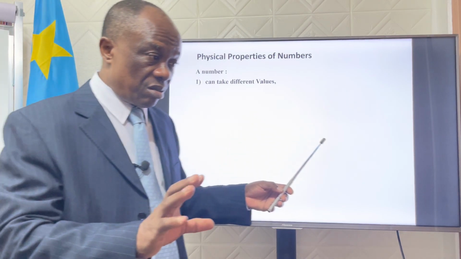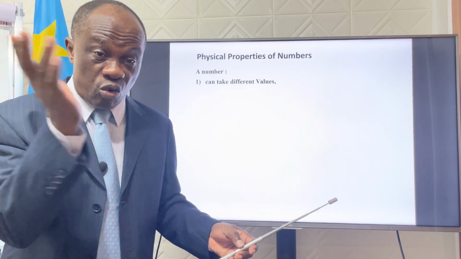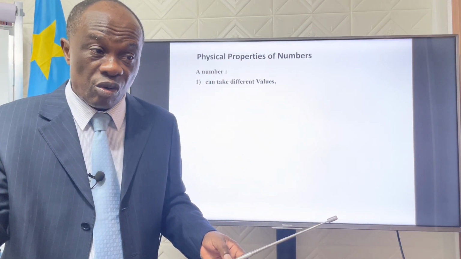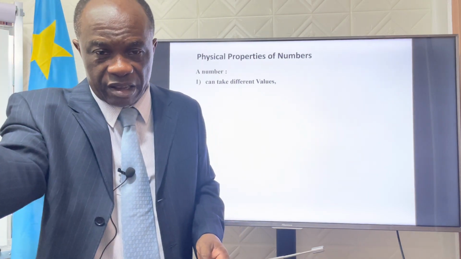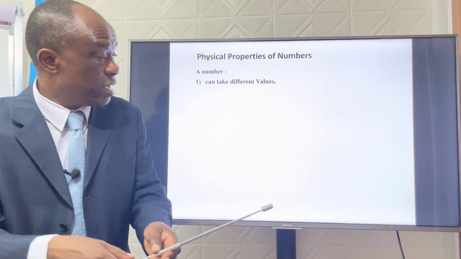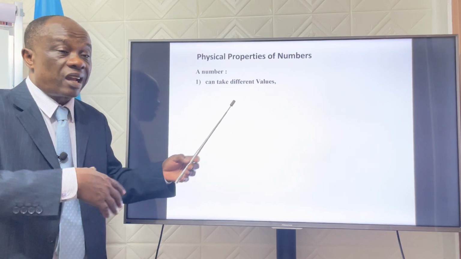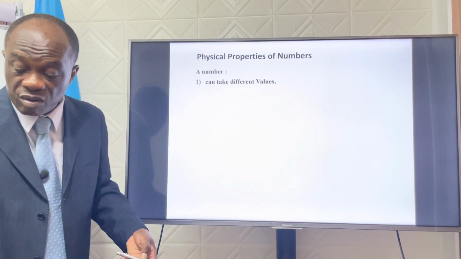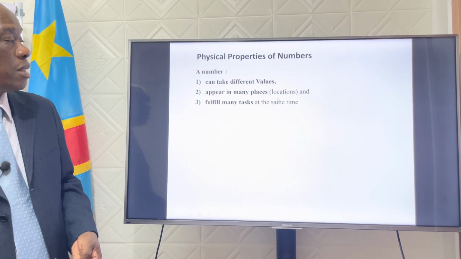It means 5 will use 1, 2, 3, 4 to fulfill a task. $4 will go here, $1 will go there, $2 will go there, and another there, the other 3 there. So that distribution you are doing is what we call the number taking different values, of course, to fulfill many tasks.